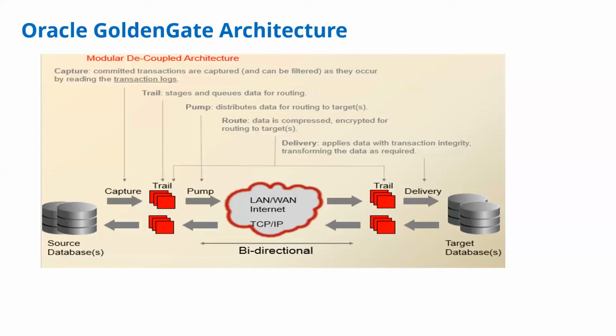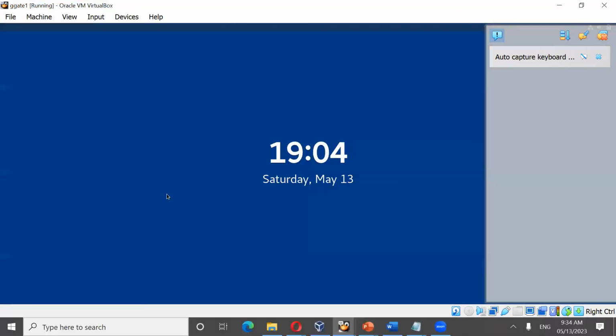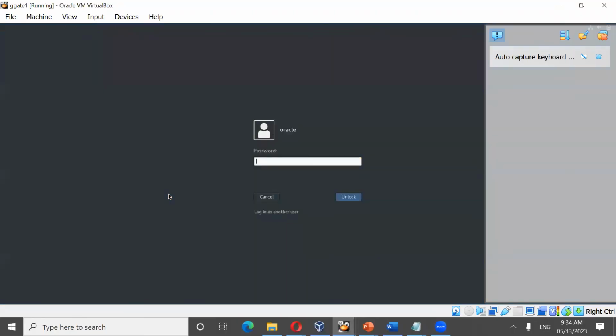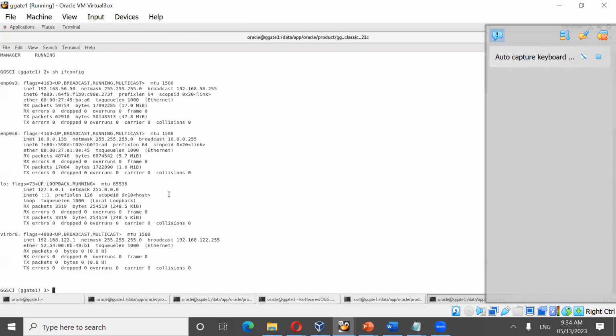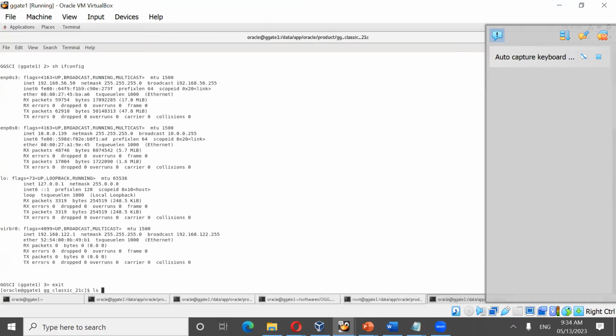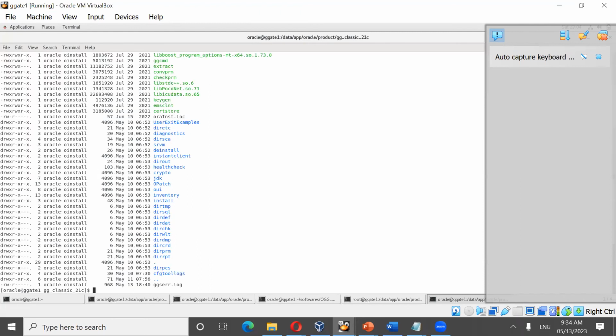Okay. If I have to give a brief overview of this environment, we'll be doing the GoldenGate installation in the next session, but there is an executable for GoldenGate, which is GGSCI.